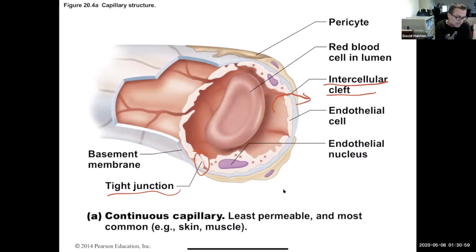That's it. And red blood cells move through, one red blood cell at a time. Capillaries are wide enough for red blood cells to fit through single file. So continuous capillary, most common, skin, muscle. This is the least permeable out of all of them, but they're still leaky.